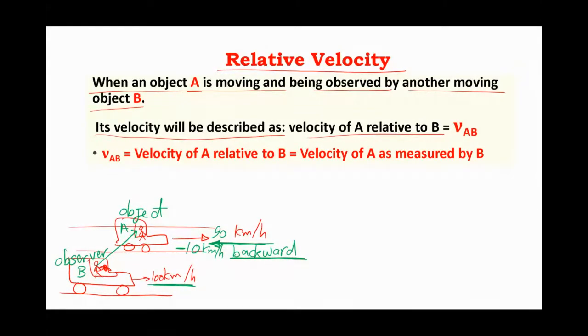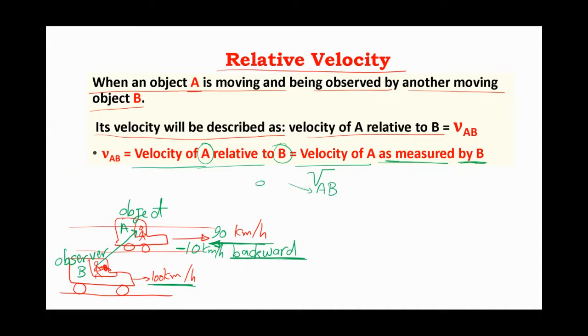So I will ask you, what is the velocity of the object relative to the observer? The velocity of object relative to observer, or the velocity of A relative to B, or the velocity of A as measured by B. So we write it down, V_AB.